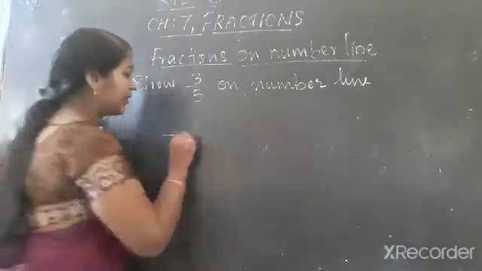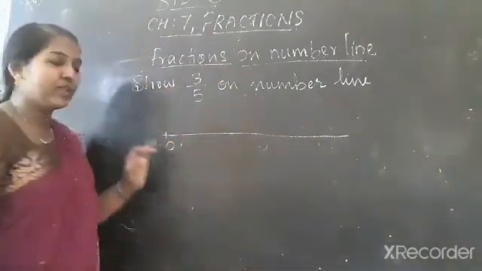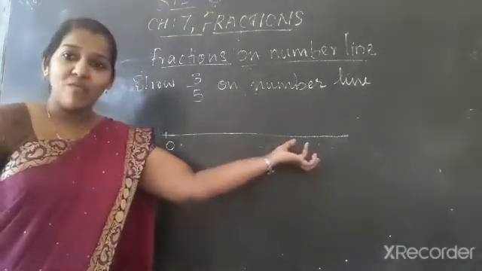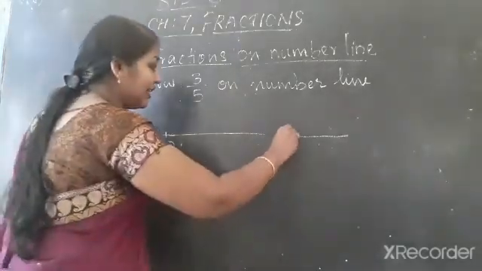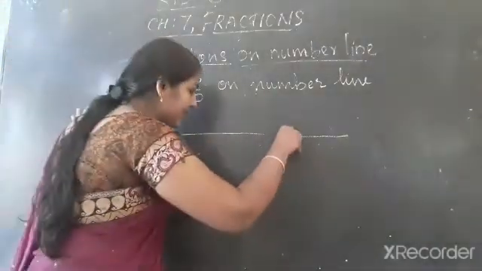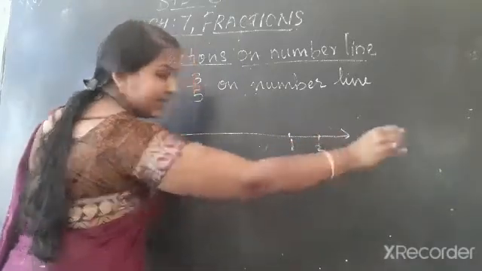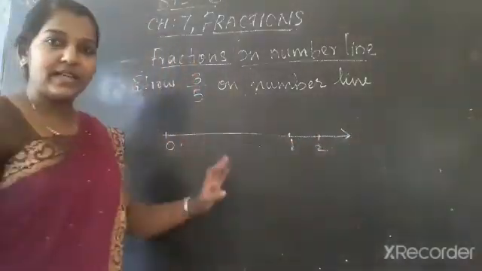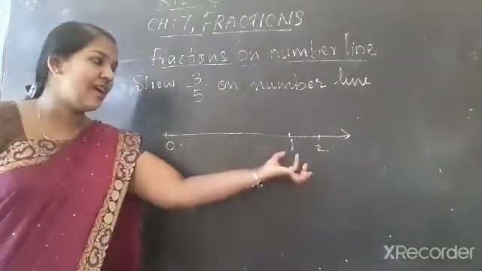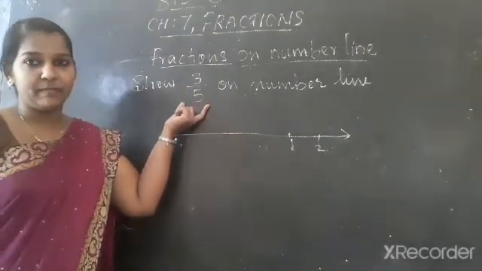For that, draw a number line. Start from 0, and then 1. So we will arrange the fraction between 0 and 1. So this is 0 and this is 1, and the numbers 2 and so on are on the other side. Look, children, between 0 and 1 you have to plot the fraction 3 by 5.